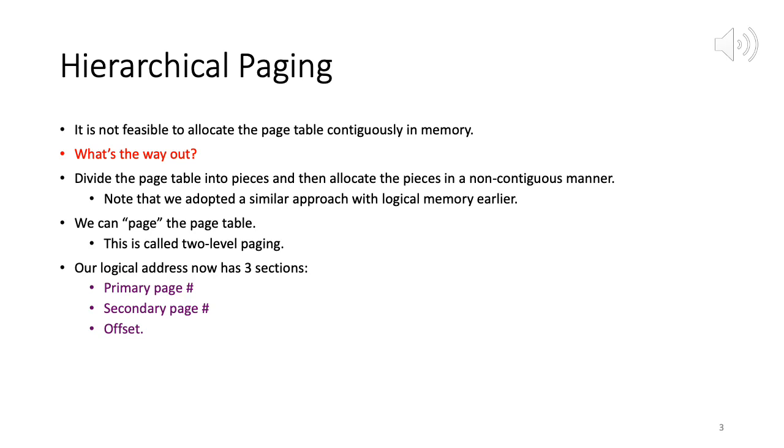With the primary page number as the index, we look at that particular entry in the primary page table. We get the address of the secondary page table, and then we look up in the secondary page table, and we get the base physical address. Then we combine it with the offset and get the total physical address. So we'll see how this works out.